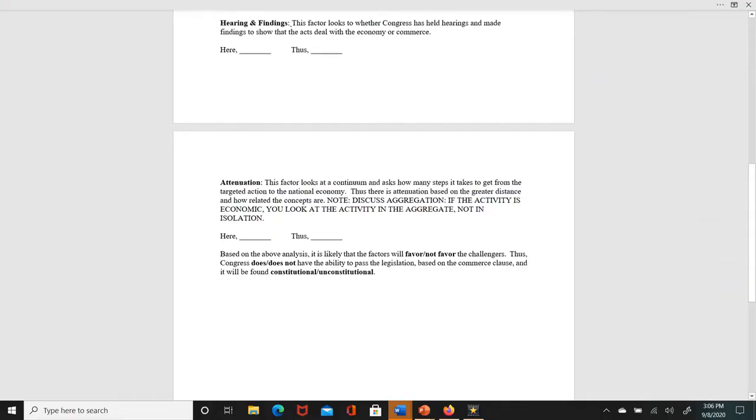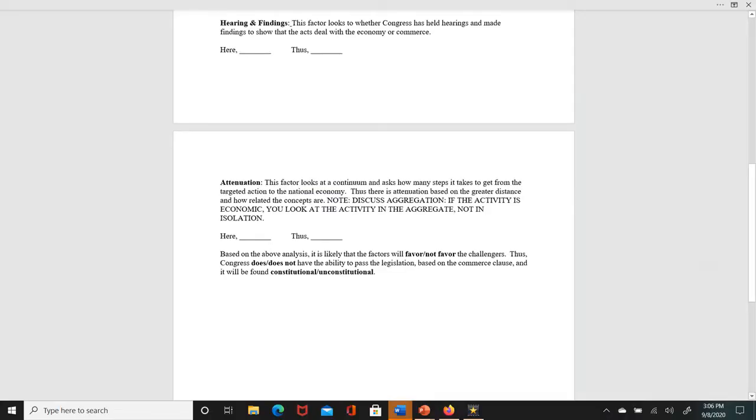Third, you would look at hearings and findings and analyze whether Congress did its homework and linked its regulation of the activity to some kind of economic impact. And finally, you'd always look at attenuation as the fourth factor. And what is the relationship?